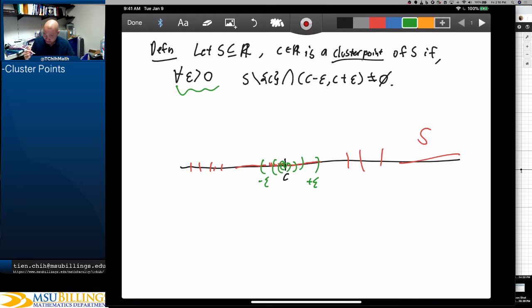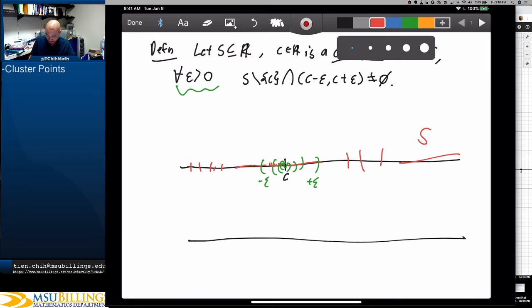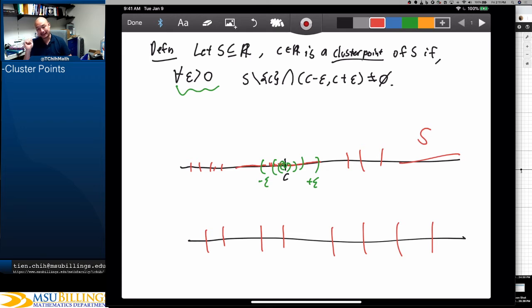No matter how tightly I shrink epsilon in around this C, I'm always picking up stuff in S around it. So a non-example of this would be something like if I had the real numbers and I had S look something like this.